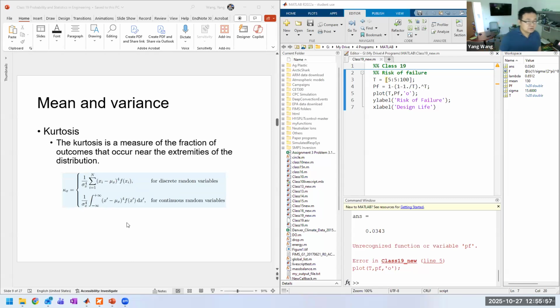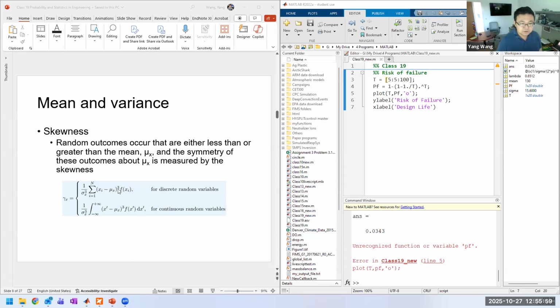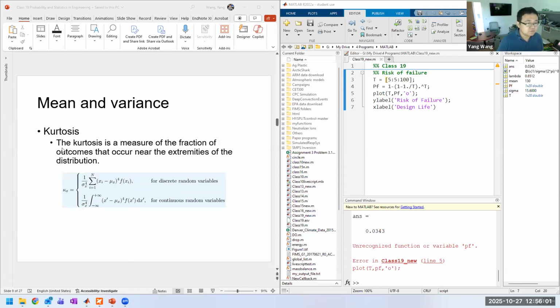So in addition to the skewness, you see here this is to the power of 3. People also define the kurtosis. The kurtosis is a measure of the fraction of outcomes that occur near the extremities of the distribution. What that means is, for example, we're talking about the distribution of the river flow, the continuous probability distribution.